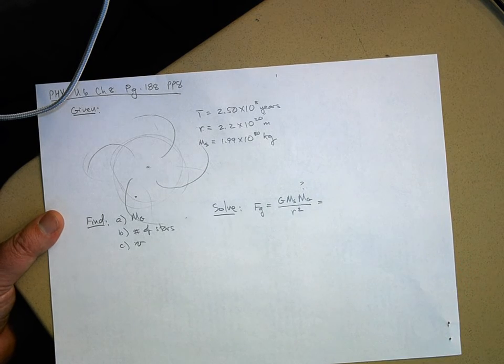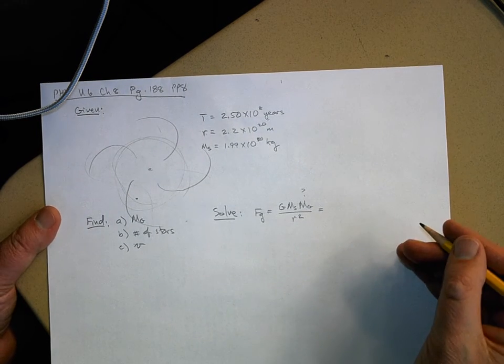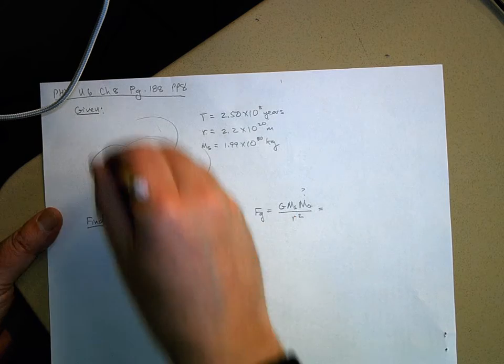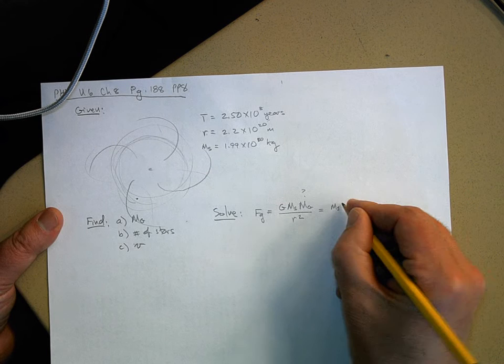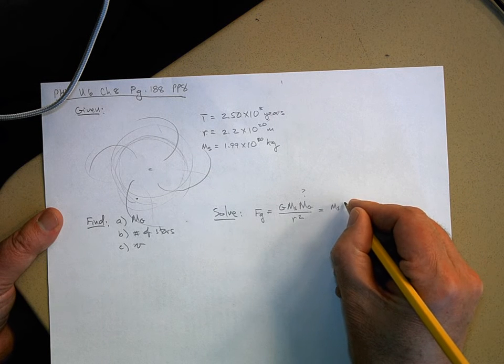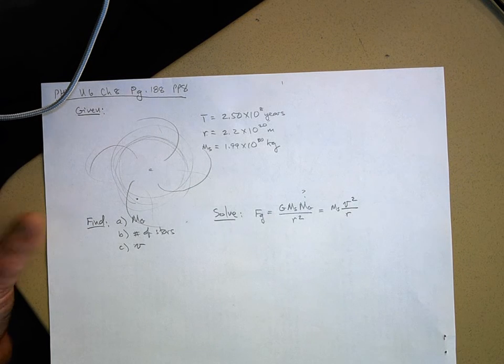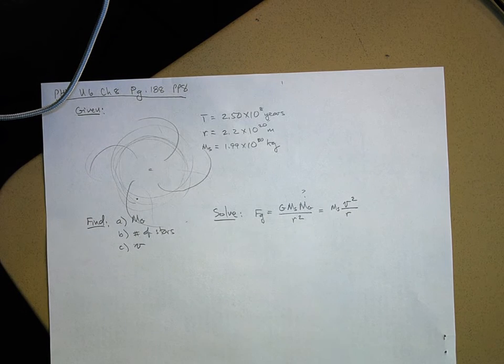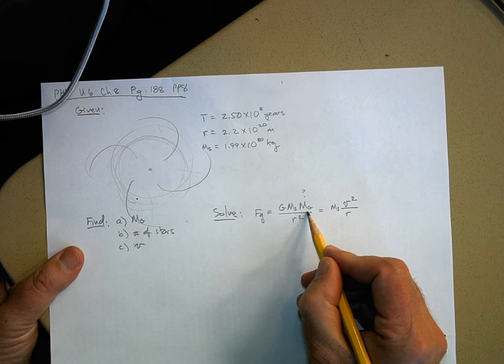This is going to be equal to a centripetal force because the sun is moving in a circle. So this is the mass of the sun times the velocity squared over r. Let's solve for the mass of the galaxy.